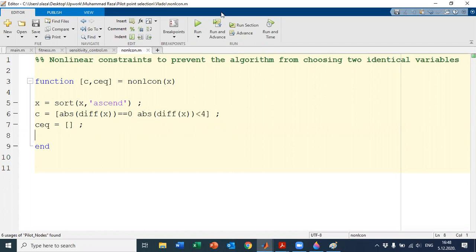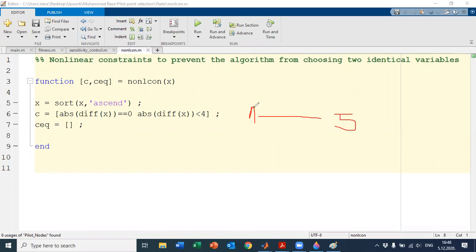This should be logical. Basically, we have a network which has 123 nodes. This assures that the first pilot node can be 1, for example, but the second can't be from the range 1 to 5.